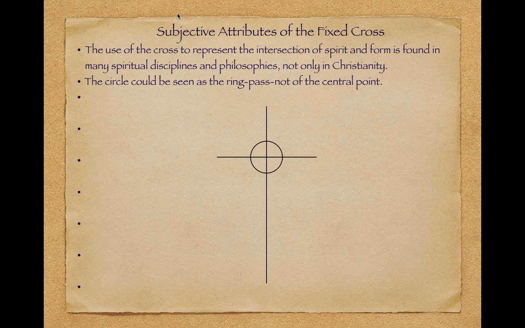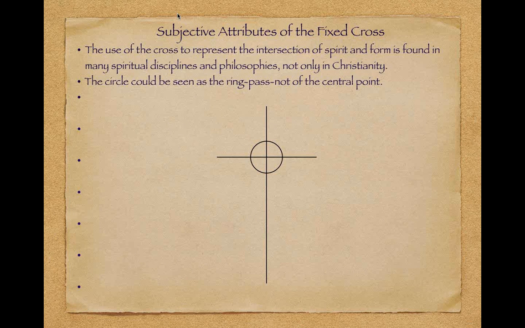In fact, the cross as a spiritual symbol long predates Christianity. You can find examples in art of it way before the time of the Christ. Okay, the circle could be seen as the ring-pass-not of the central point. So, those are a couple of seeding thoughts, simple as they are.